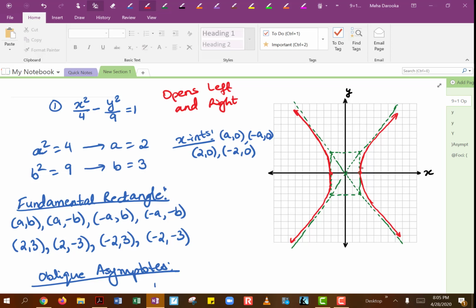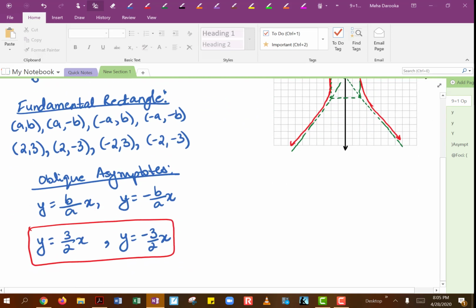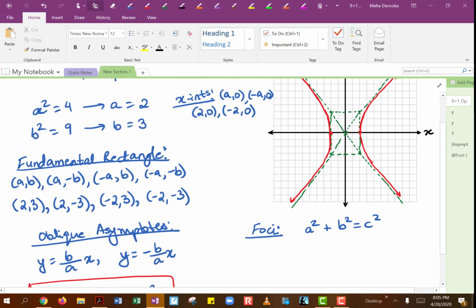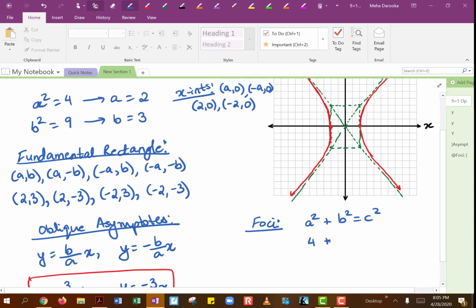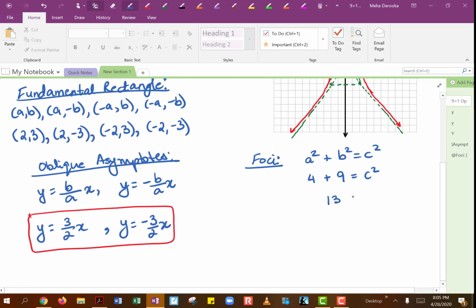Now let's talk about the foci for this. So remember, the relationship between a, b, and c is a square plus b square equals c square. Our a square value, and you can get that from your denominators, our a square is 4, b square is 9. 9 plus 4 will of course give us 13, and then to find the value of c, we will take a square root on both sides, and again, right now we're just looking at the positive roots only.